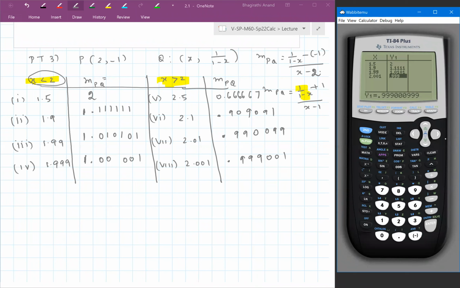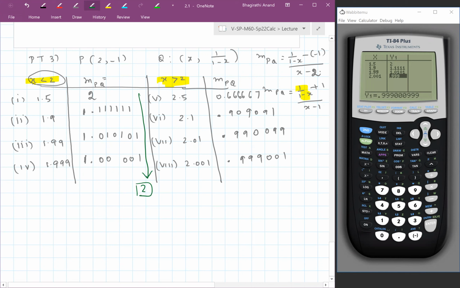So from the table, I noticed that for all the values to the left of 2, my values of the slope are steadily decreasing from 2, and it approaches the value 1. So for all the values of x to the right of 2, for all the points Q to the right of P, the slope, if you look at these values over here, they are increasing slowly and this approaches the value 1.